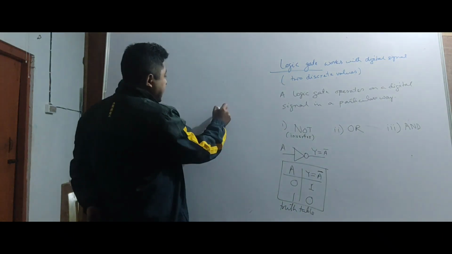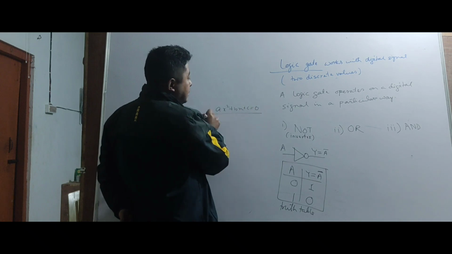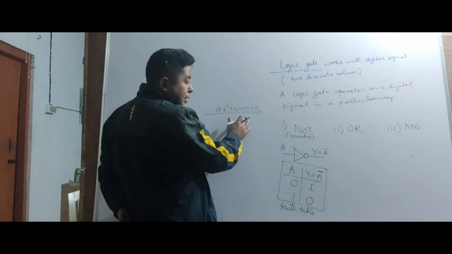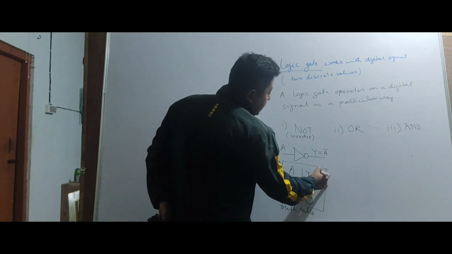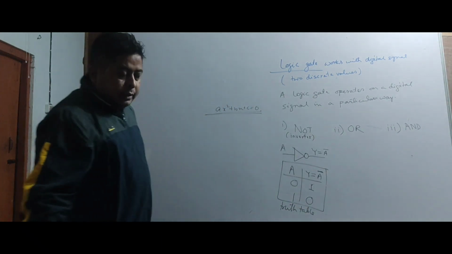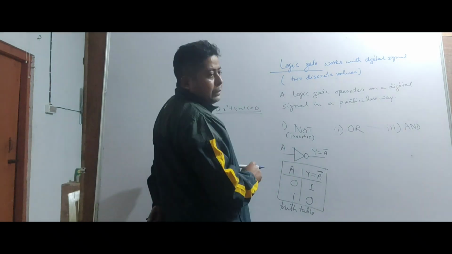Just like we have mathematical expressions such as ax square plus bx plus c equal to 0, in Boolean algebra we have this kind of expression. This implies that you are doing a NOT operation.